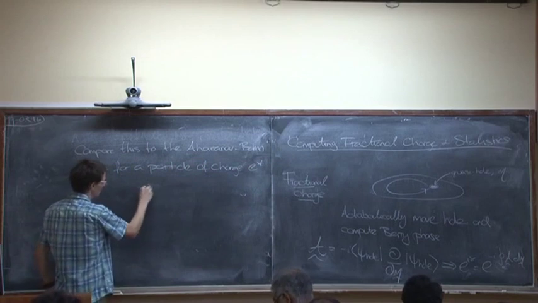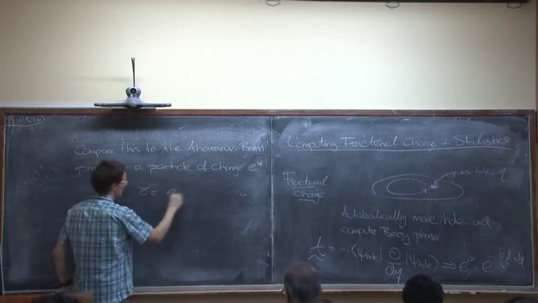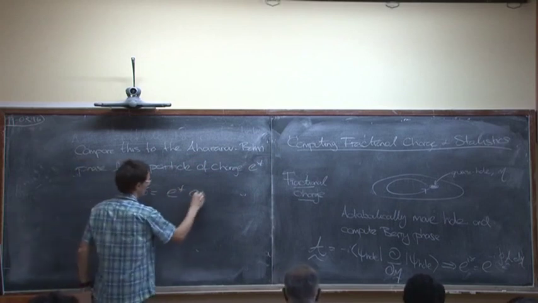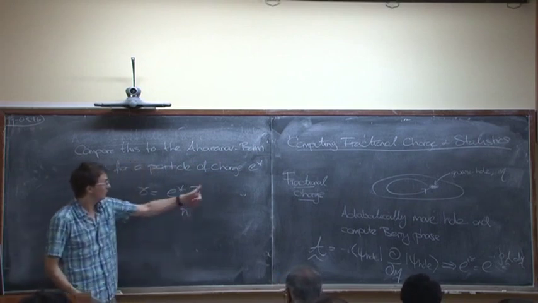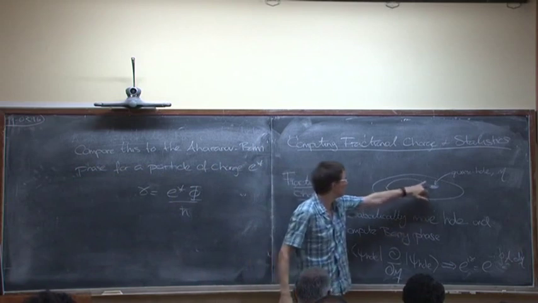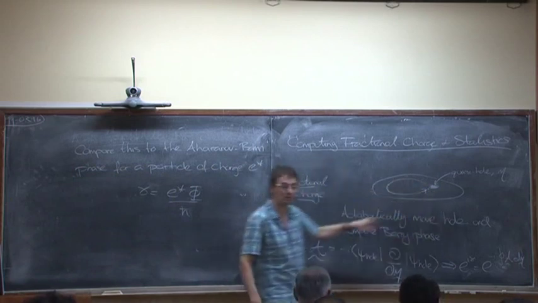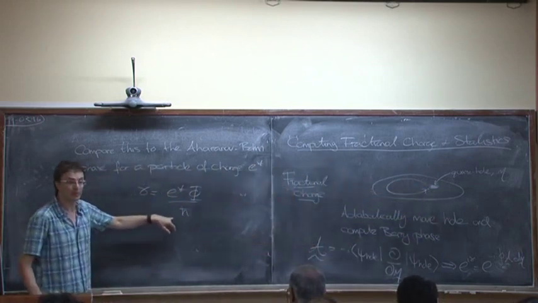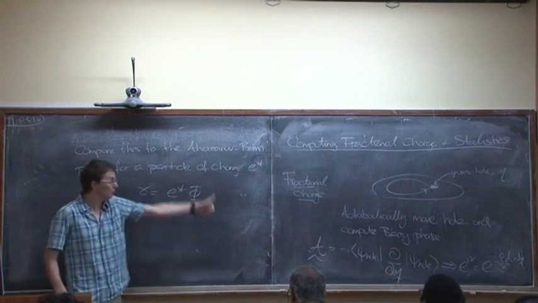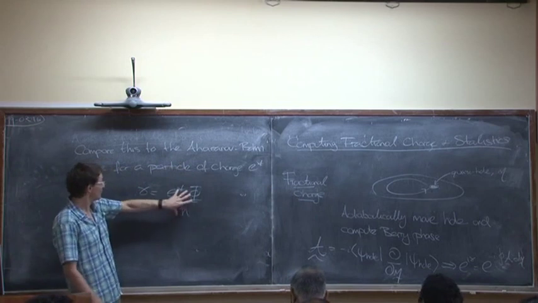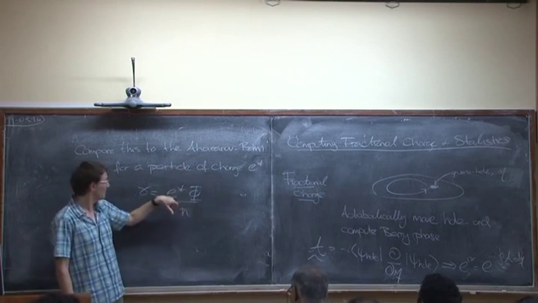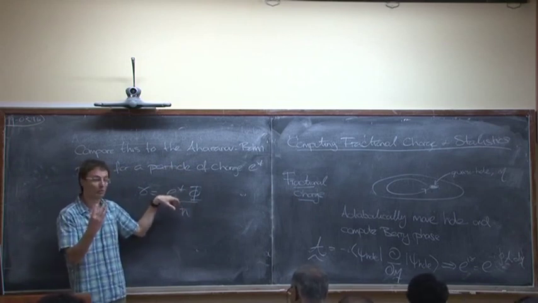In other words, that means you write the phase gamma as the charge of the particle times the flux through this area, which is just the original magnetic field times the area divided by h. So the calculation is you compute the Berry phase for that Laughlin state. You then compare it to the expected Aharonov-Bohm phase, and from that you extract the charge. Okay, it's very clever.